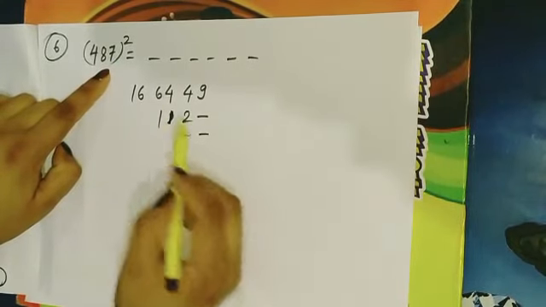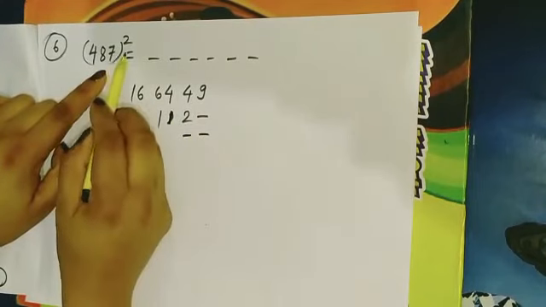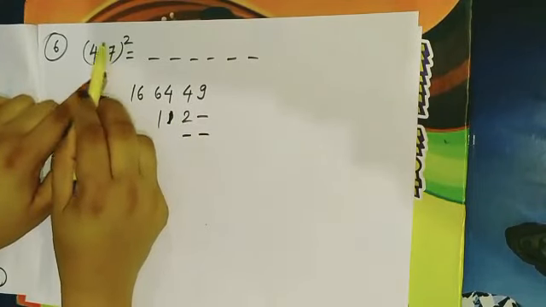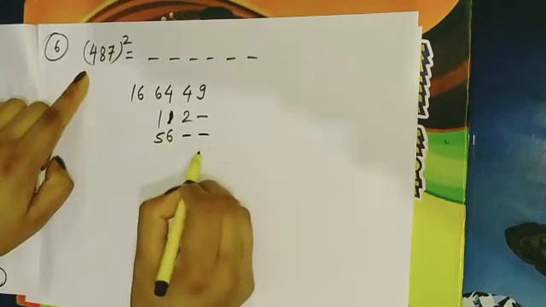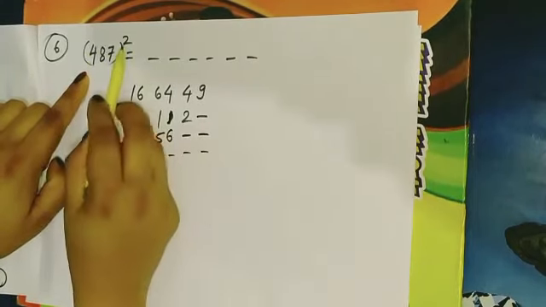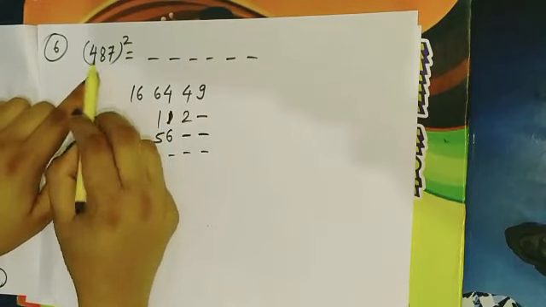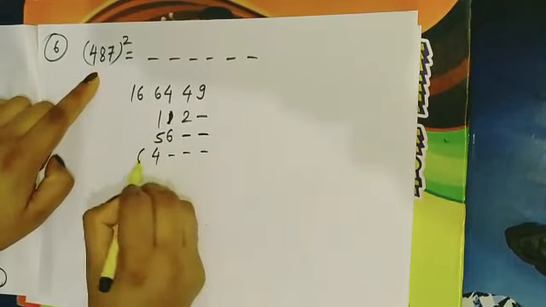Now 2 spaces blank. 2CA. 2 cross 7, 14 and 14 cross 4, that is 56. 3 spaces blank. 2AB. 2 cross 4, 8. 8 cross 8, 64. So here it is 64.